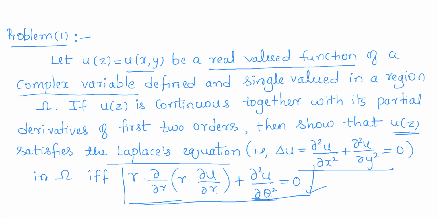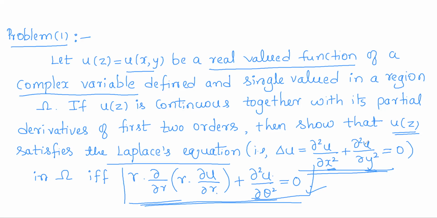What that means is the Laplace equation condition is equivalent to this condition, where you can observe that the Laplace equation is always in terms of x and y. Whenever we have any equation or function in terms of x and y, we say it is in the Cartesian form because x and y are called Cartesian coordinates.